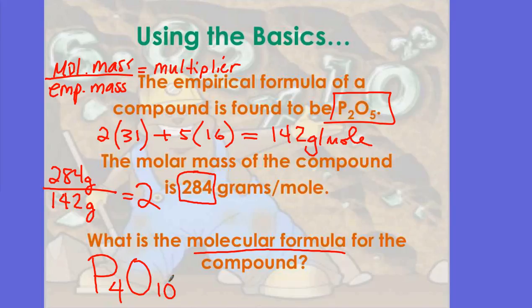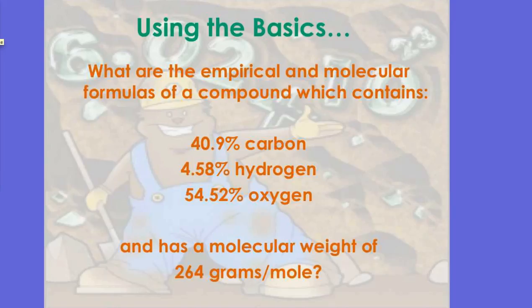One more practice. What are the empirical and molecular formulas of a compound which contains 40% carbon, 4% hydrogen, and 54% oxygen? Step 1, what do? Turn it into grams. Done. Step 2, what do? Just change it. Grams to moles.